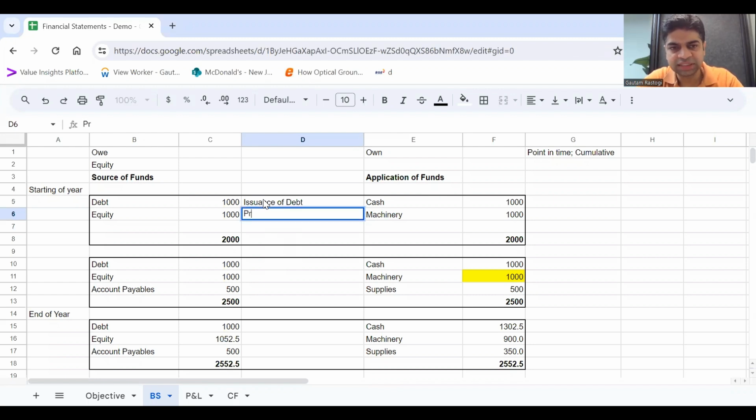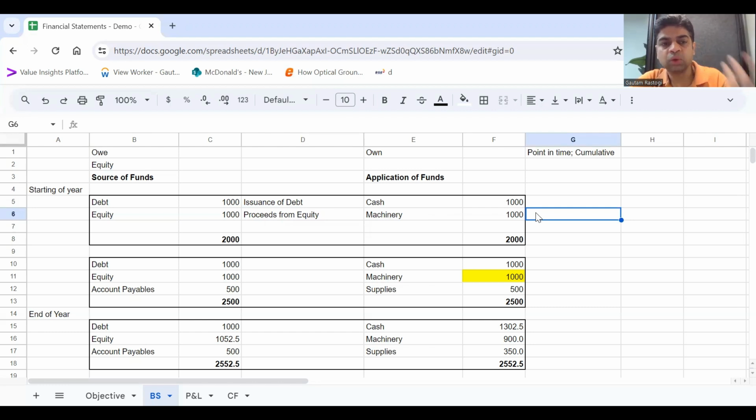Second was proceeds from share issuance, that's proceeds from equity. And then we used the source of funds to buy a piece of machinery. So it is purchase of property, plant, and equipment.